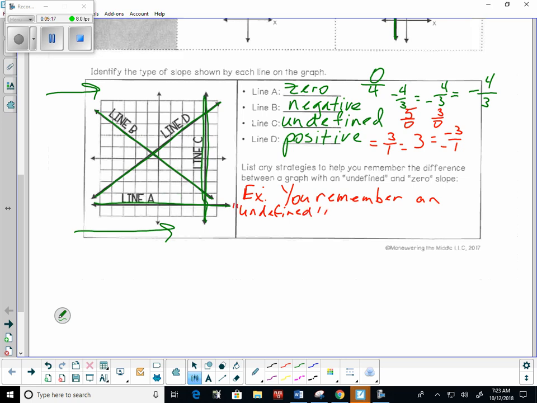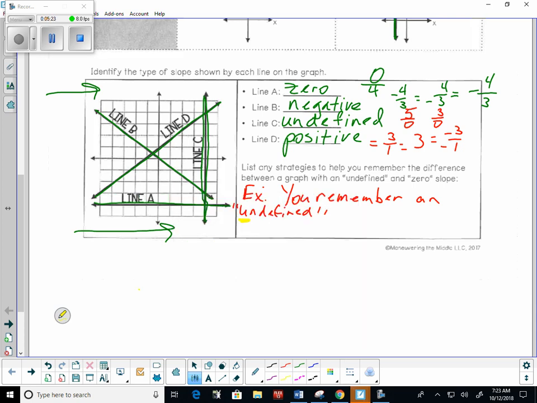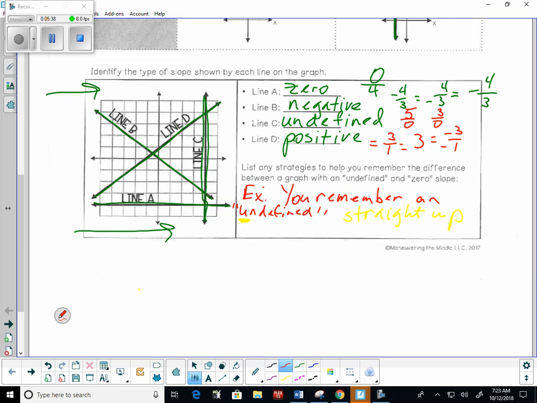Let's just underline that undefined there. An undefined slope is straight up. So there's our U again. Just find something to help us remember what we're doing. So there's the straight up. Just give me a line. Up and down.